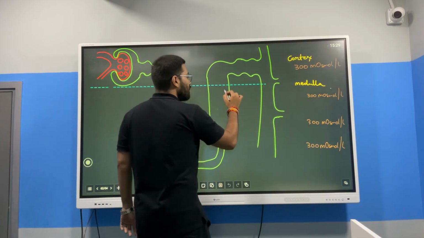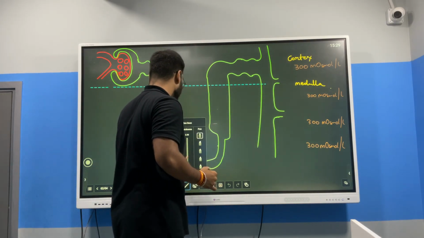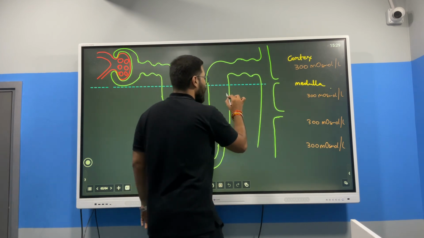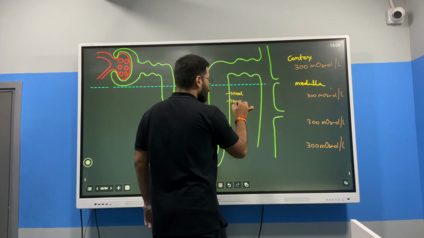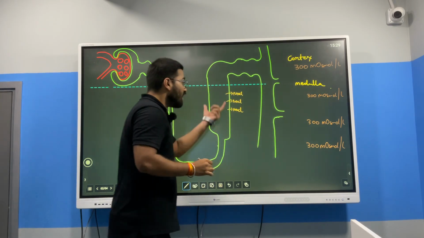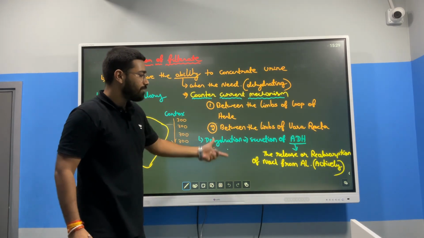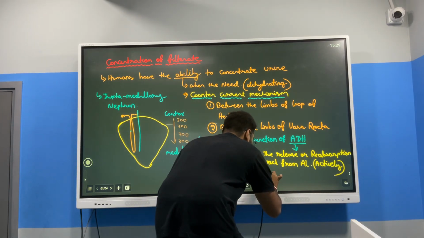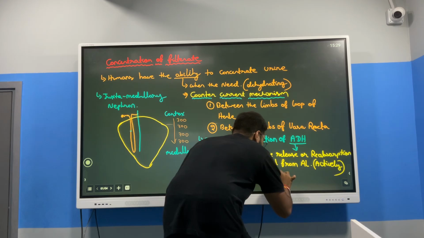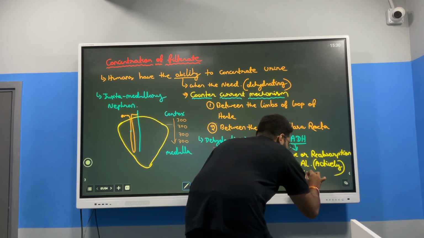After that, there will be release of NaCl. NaCl will come out from the thick part of the ascending limb of the loop of Henle. Remember that. This active secretion will happen from the thick part.